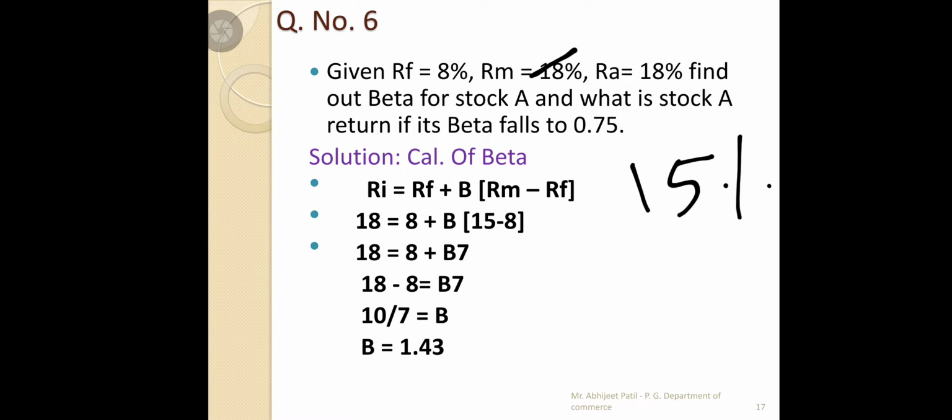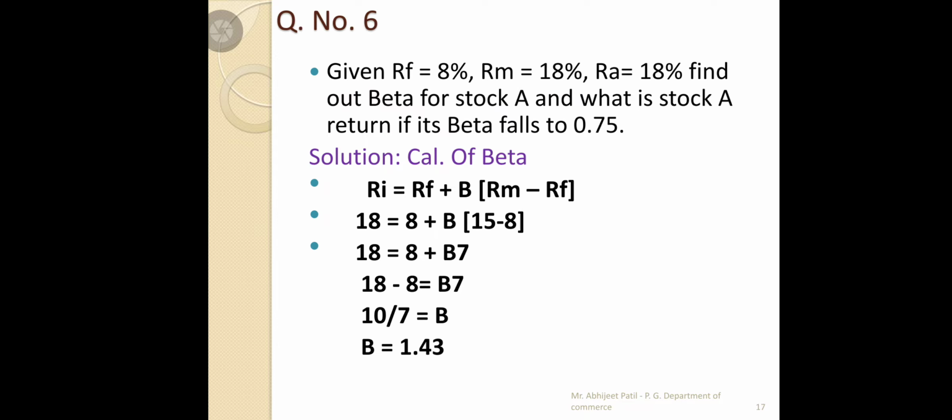Okay, after that they also asked one more question, the calculation of expected rate of return if beta is 0.75. See that the 8% risk-free rate of return is given in the problem. Then beta should be given as 0.75, and RM is 15 minus 8. Only the return you should find out.